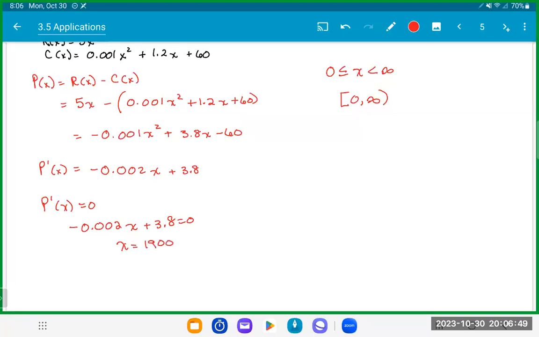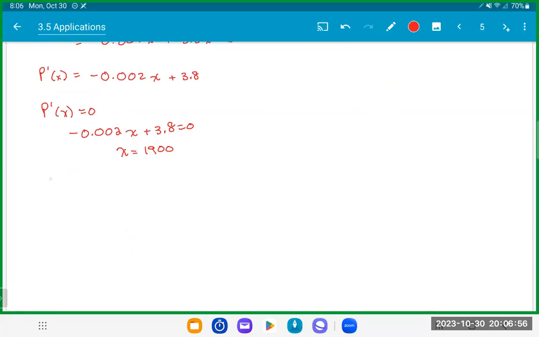Okay, so there's only one critical value, so we have to use principle number 2. And so we'll look at our second derivative. Our second derivative here is just negative 0.002. And that is less than 0. So since that is negative, that means we have a max at x equal to 1900.